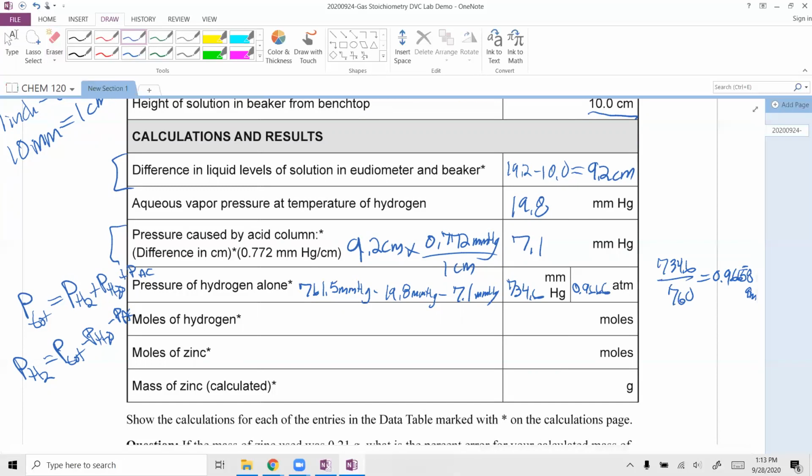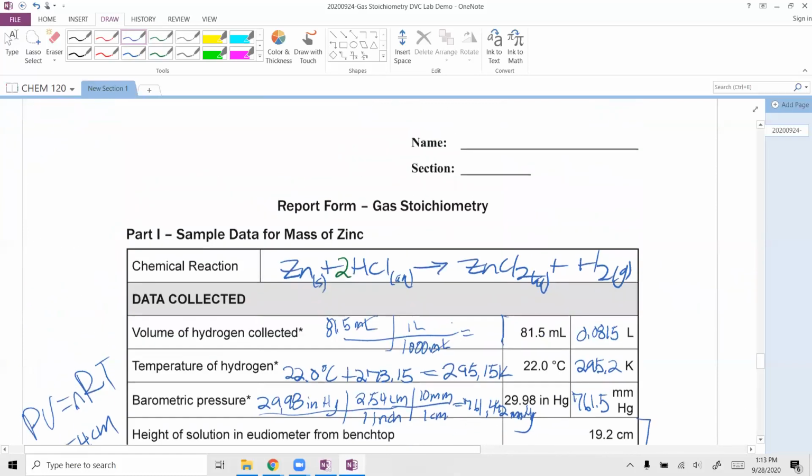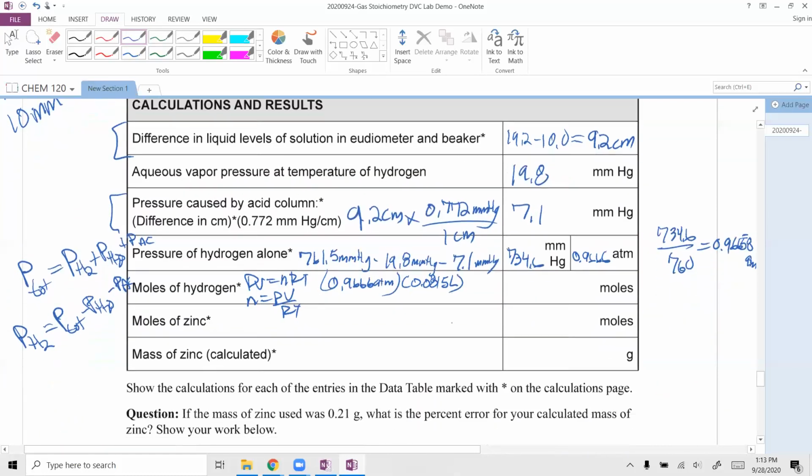And so if we want to find our moles, we can use PV equals nRT. n is equal to PV over RT. We have the pressure of our hydrogen as 0.9666 ATM. We have the volume at 0.0815 liters, and that's the volume that we collected up there.